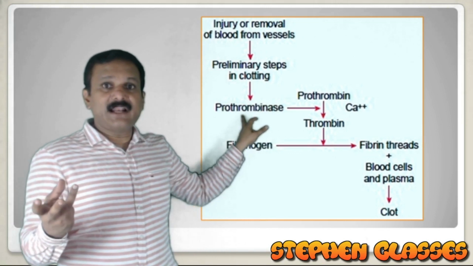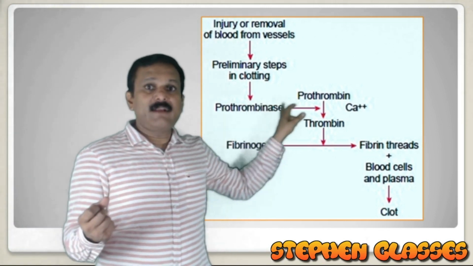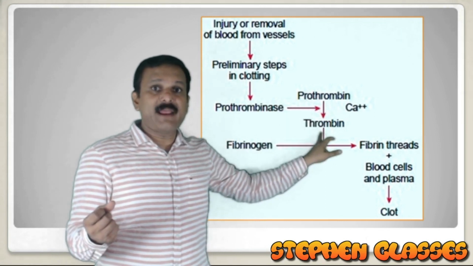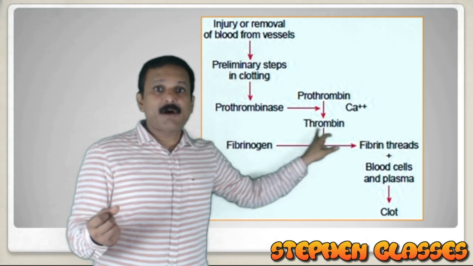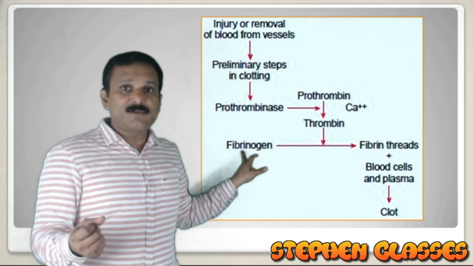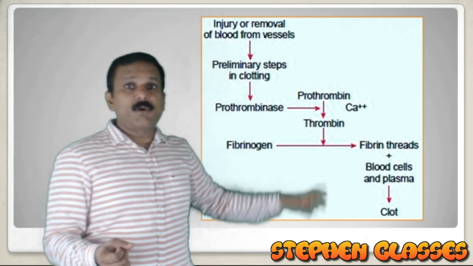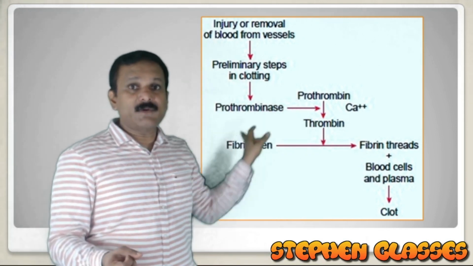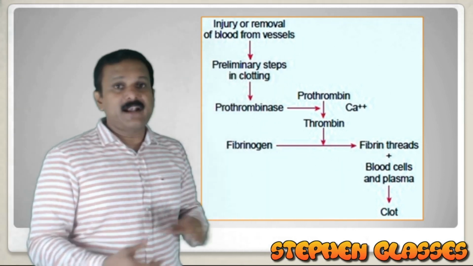Platelets release prothrombinase, and prothrombinase activates prothrombin to thrombin. For that, calcium ions are necessary. Once thrombin is formed, thrombin can convert fibrinogen to fibrin threads. Both for the activation of thrombin and for the action of thrombin, calcium ions are necessary.